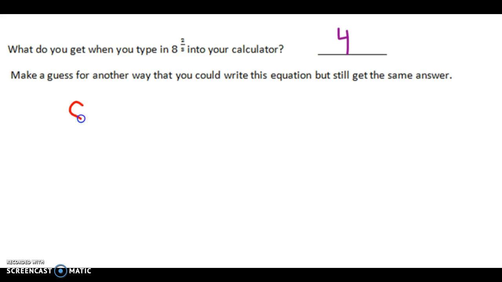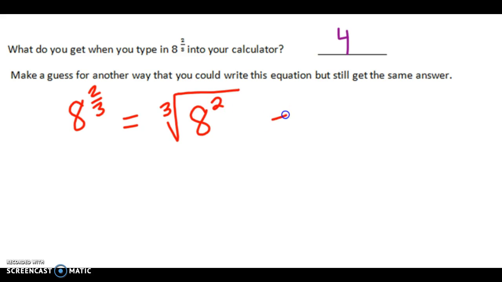That being said, if we have 8 to the 2/3, that's the same thing as the index being a 3. So we have 8 in here, but it's also squared. So you could do the 3rd root of 64, which gives you 4.